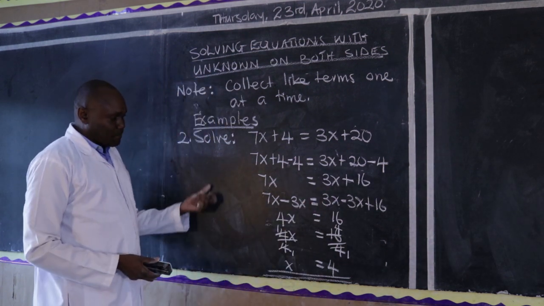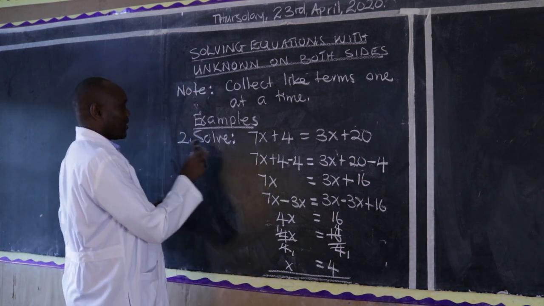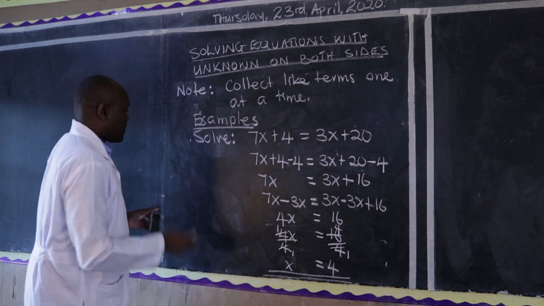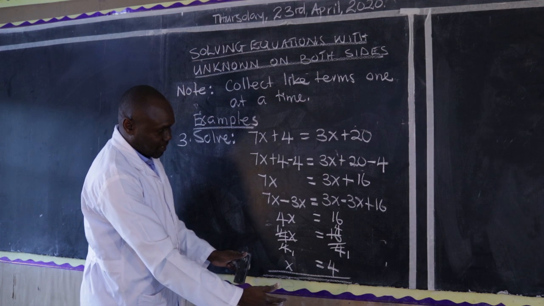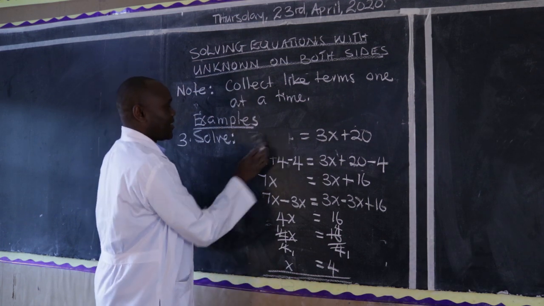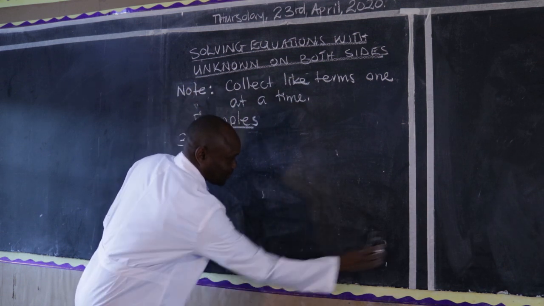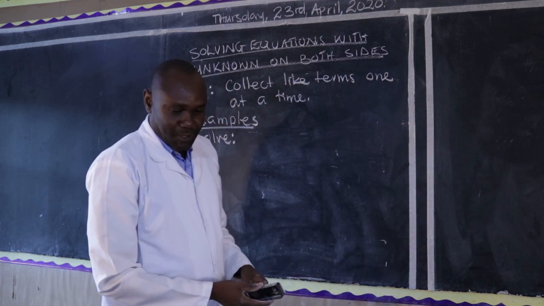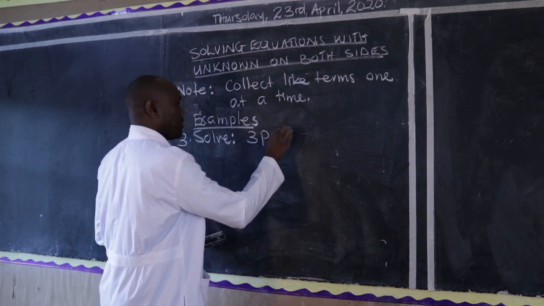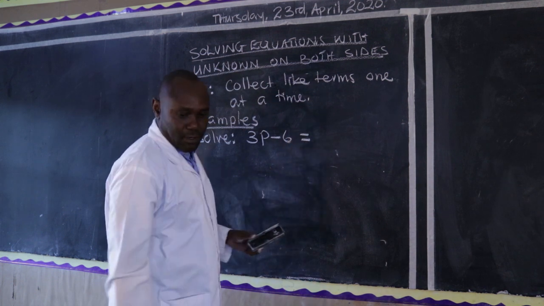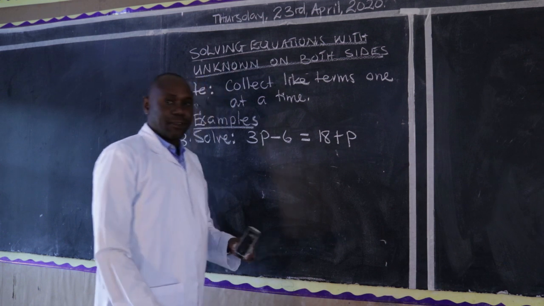Can we move now to number 3. Our question 3. Example, we have 3 here. I know you have finished copying this. Please, let's move to the next number. So our number 3 is solve 3p minus 6 equals 18 plus p.